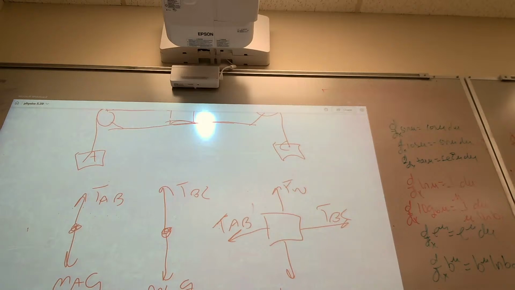The last one was equal to zero, because there's no constant velocity if you have acceleration. So what's that going to be?